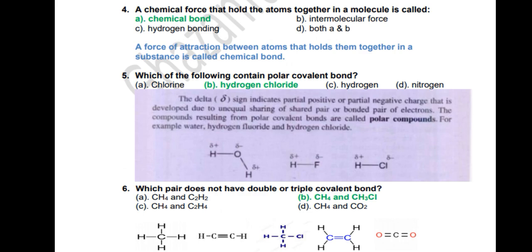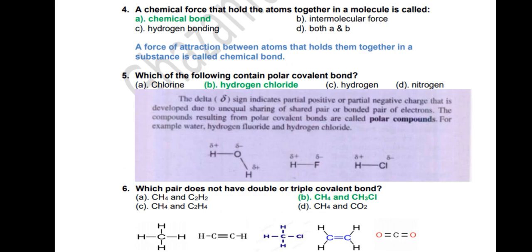Which of the following contain polar covalent bond? Chlorine, hydrogen chloride, hydrogen, nitrogen. Option B will be correct because hydrogen chloride consists of two atoms, hydrogen and chlorine, and there is a difference between the electronegativity of hydrogen and chlorine, while all other options contain the similar atoms in a molecule, like chlorine is the diatomic molecule, hydrogen, and nitrogen.